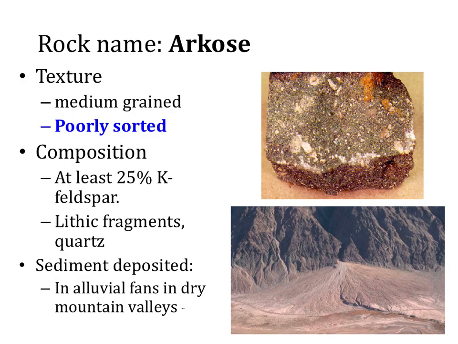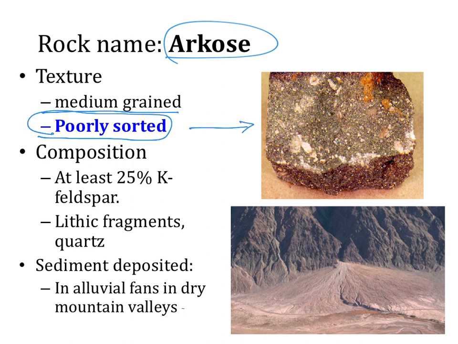So the second medium-grained sandstone that we are going to do is Arcos. So you can call it Arcos or you can call it an Arcos sandstone. Both are appropriate. The biggest textural difference between this and the quartz sandstone is that this rock has sediment that is poorly sorted. And you can see that in the pictures.